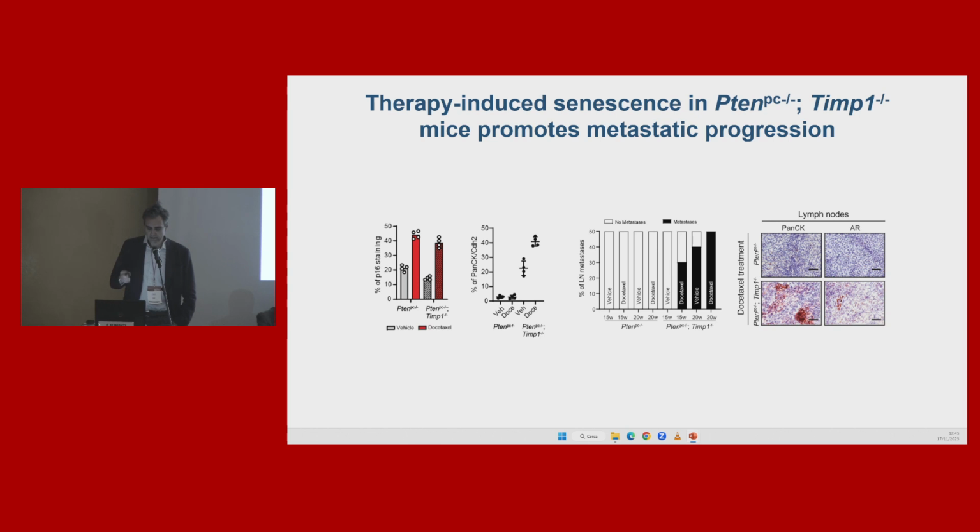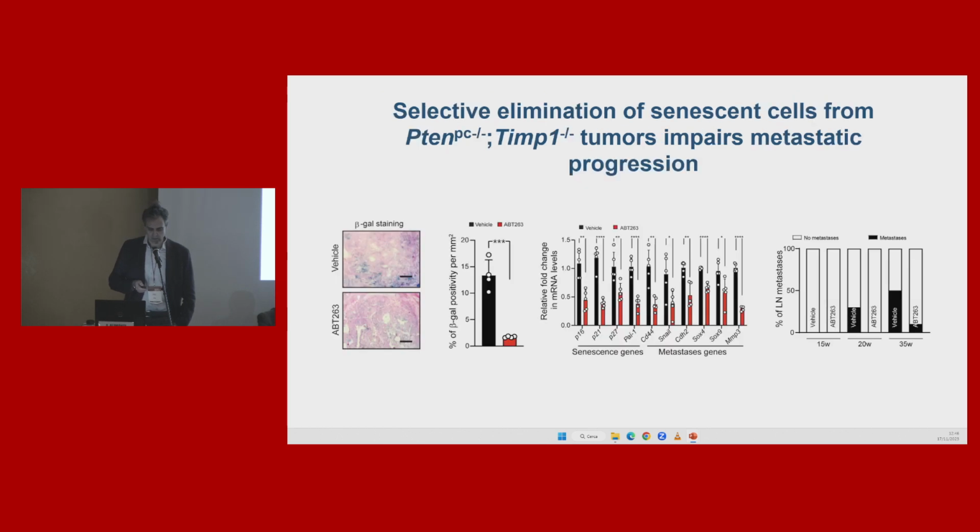Very interesting, in the same model, and I think this is important for the oncologists here, it has been demonstrated that chemotherapy or even targeted therapy can actually accelerate metastasis formation instead of blocking it. And this, if you have time to read this paper, can be due to the fact that the absence of TIMP1 in this genetic background can favor tumor progression through different secreted factors that are oncogenic.